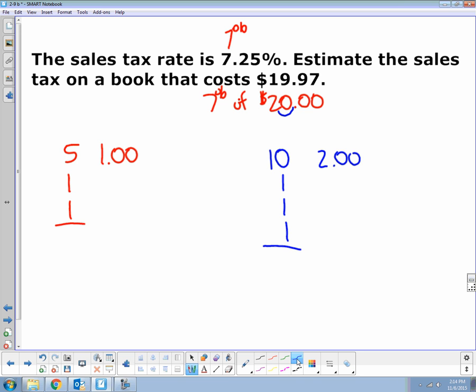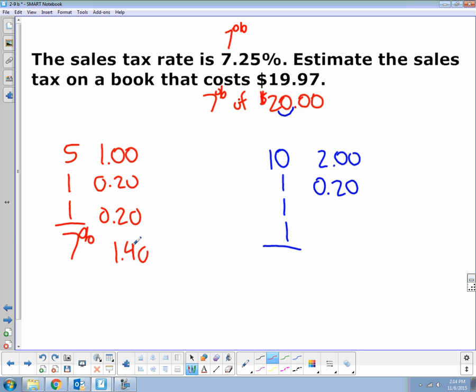If 10% is $2, I move that decimal over one more time, because I'm just dividing by 10 now. 1% is 20 cents. So same thing over here, 1% is 20 cents. So I can now do $1 plus 20 cents plus 20 cents, which gives me 7% as $1.40.